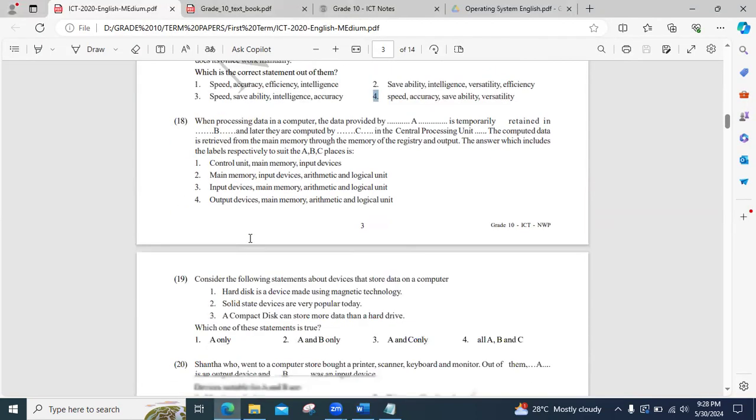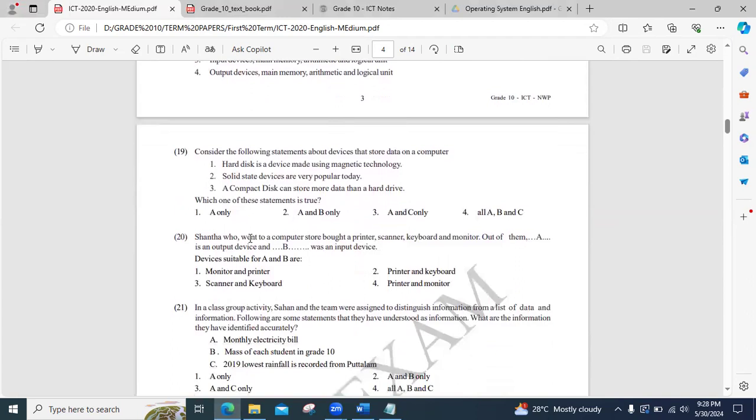So 19th question. Consider the following statements about devices that store data on computers. Hard disk devices use magnetic technology, yes, correct.